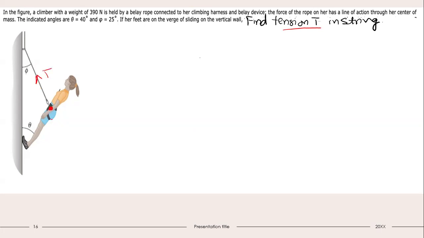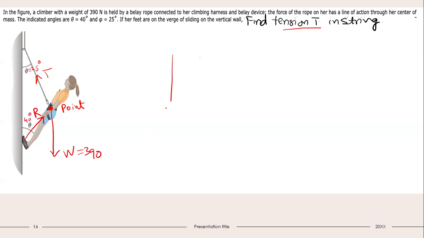The weight of this person is acting downward. And of course, the reaction force would be acting that way because it has to pass through this, since these must be point forces. So again, it will be the same. The weight of the person is 390, the angle phi is 25 degrees, and this angle is 40 degrees.